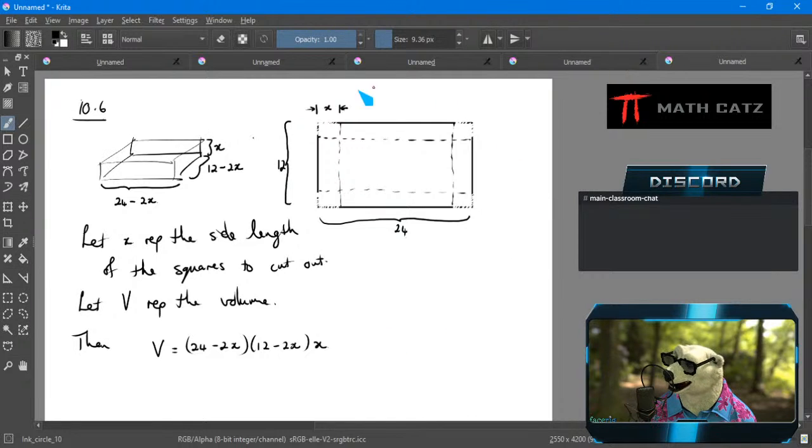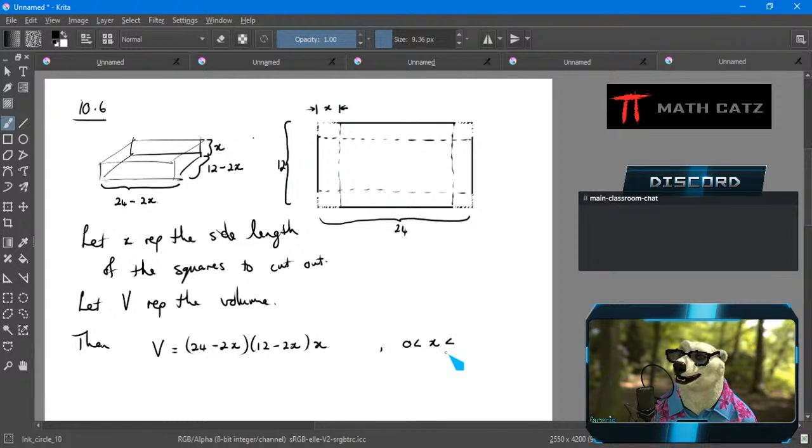So practically speaking, I am restricted on what I can cut out to actually have a box. I can't cut out nothing. That's not going to work. If I cut out nothing, I have no volume. But what I can cut out can be very, very small, heading towards zero, but I can't have an equal sign. If I have an equal sign, then clearly the volume is going to be zero because of this factor over here.